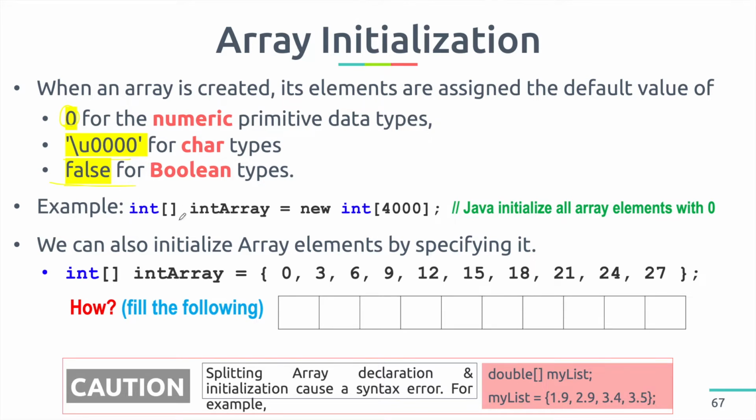So here in this example, as we've seen, we declared and defined an array. We called it int array, and it has a size of 4,000. We can also initialize the array elements by specifying it in this way. So here we defined an array, which we called int array, and we also initialized this array.